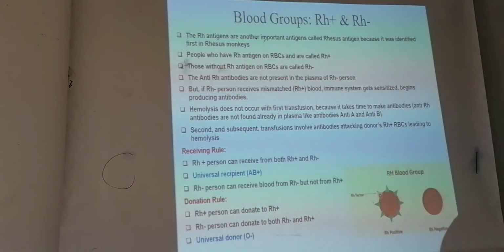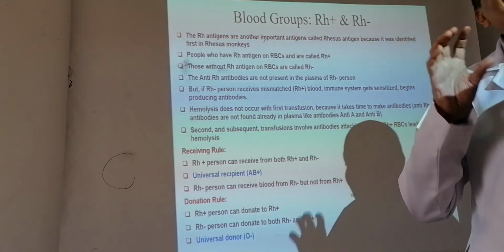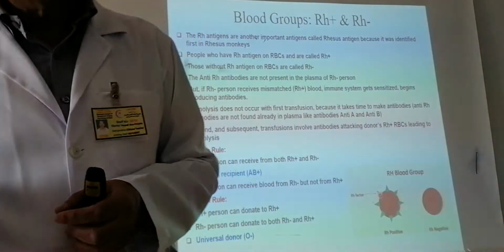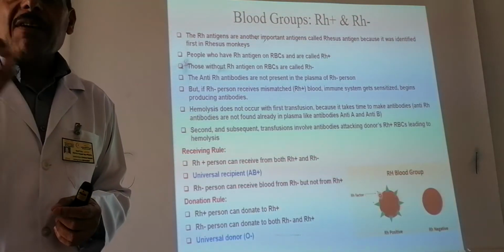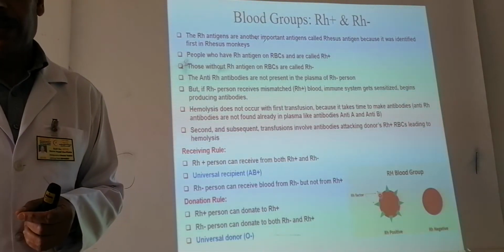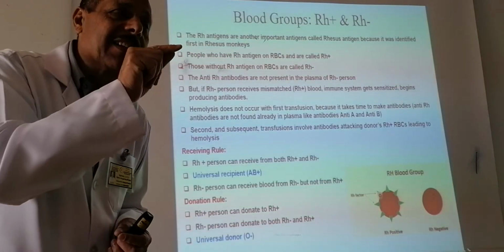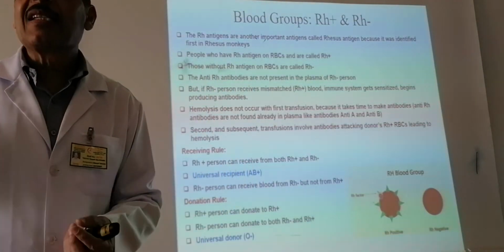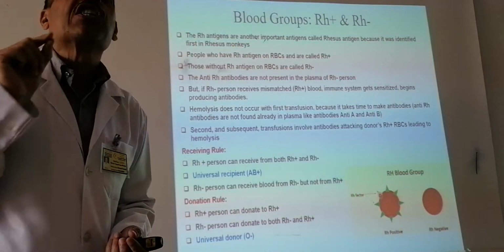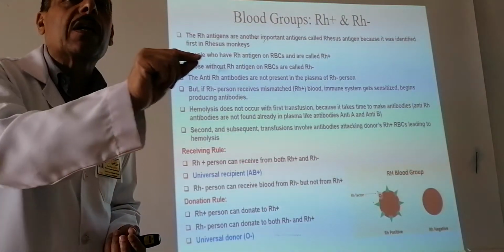In everybody's blood cells, every one of you has a different type of blood. The thing that makes the difference is the antigen present on your red blood cells.